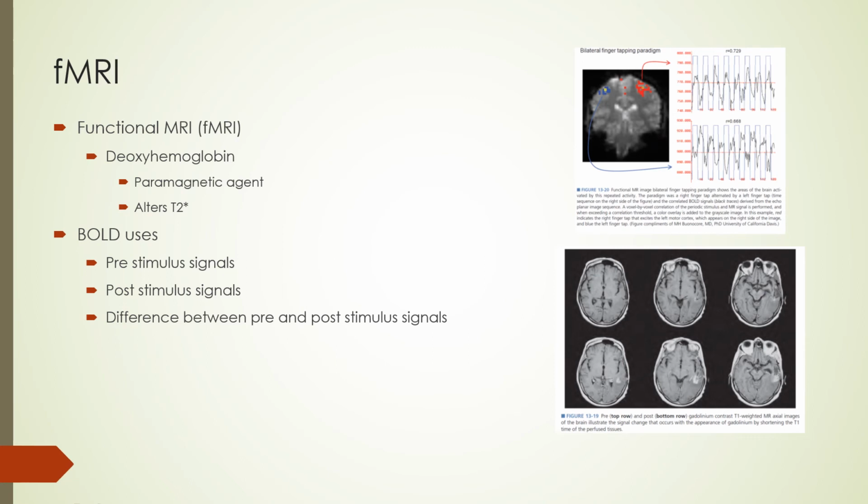The images before the stimulus are subtracted from the images after the stimulus is applied, and a resulting color map of areas of the brain with time-dependent activity is overlaid onto a grayscale image of the brain for anatomic reference. This is shown in the top figure on this slide.